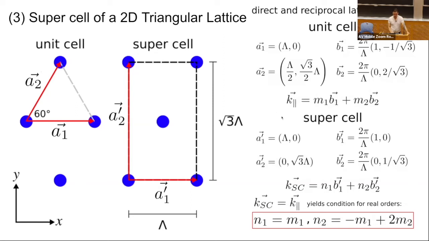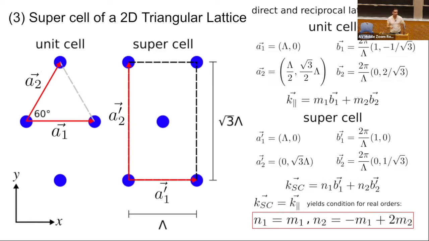But now suppose I have a supercell that's represented by A1 prime and A2 prime. Its reciprocal lattice vectors are B1 prime and B2 prime, and that also has a different set of in-plane supercell wave vectors denoted by N1 and N2. Now the question becomes, when the supercell wave vector is equivalent to the actual wave vector, what's the condition that relates the n's to the m's?